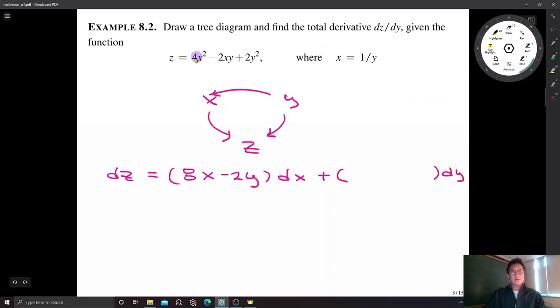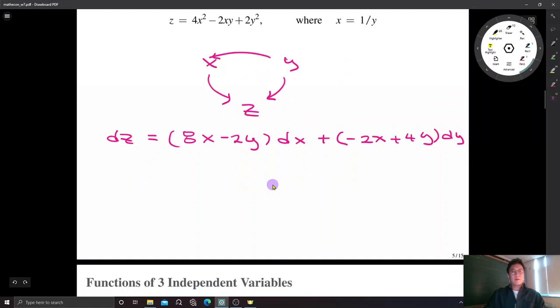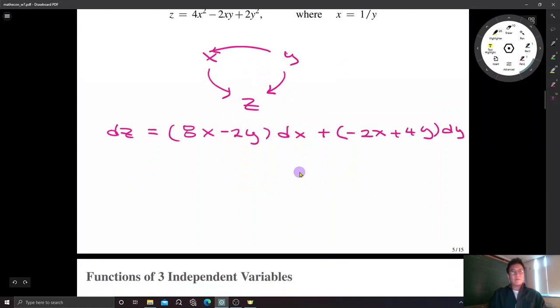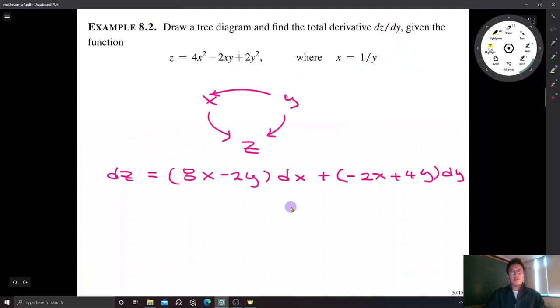Now 4x squared goes away, negative 2xy's partial derivative with respect to y becomes negative 2x, and then 2y squared becomes 4y, right? And then divided by dy, because we are looking for dz over dy.